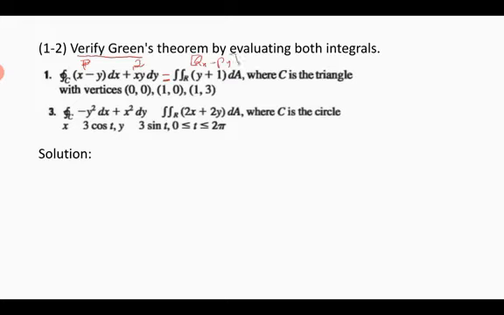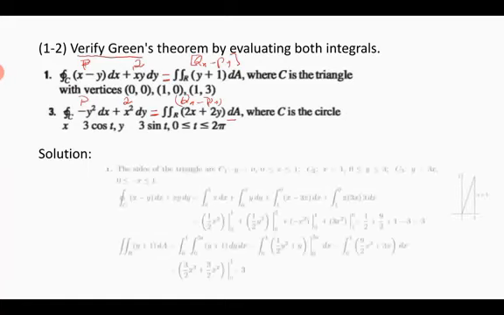Is it Qx minus Py? We will verify, and then you will apply Green's theorem, right? Here there should be equality. We will check, and dA can be our choice of either type 1 or type 2 region, right?